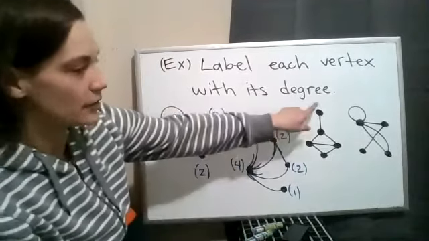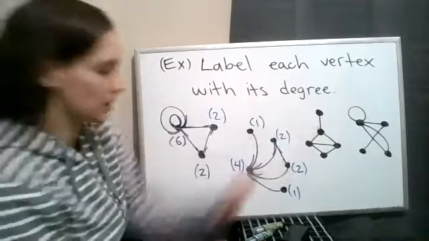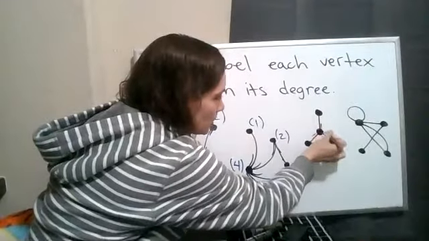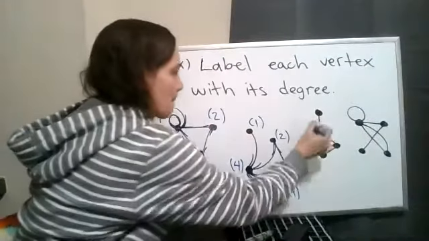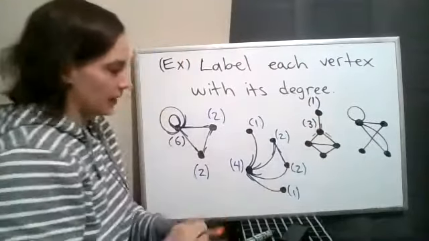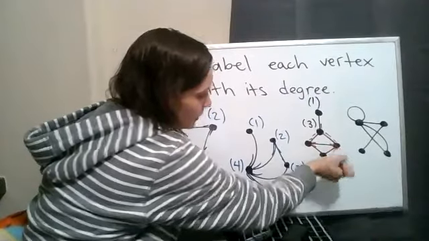Cool. We're at degree 1, degree 2. Oh, that's a 3. That's got 1, 2, 3 connections. Okay, here are 3 connections, and that's a 3.